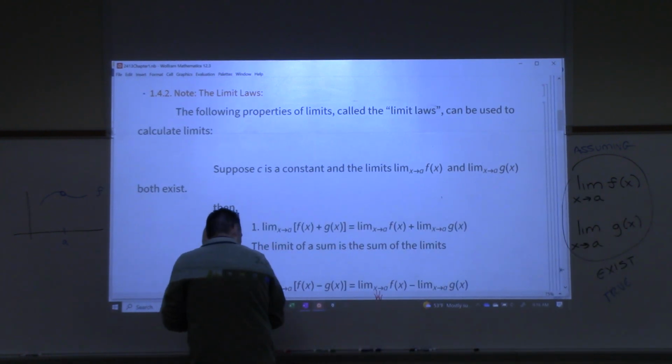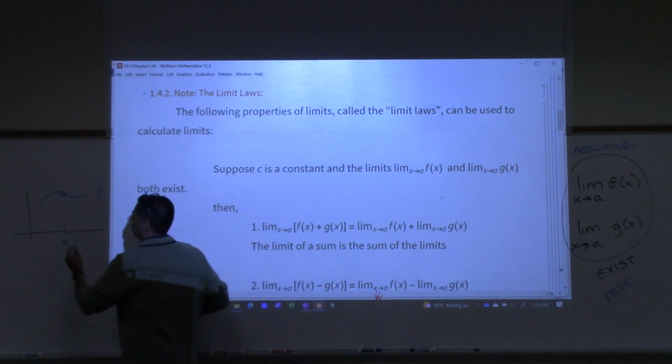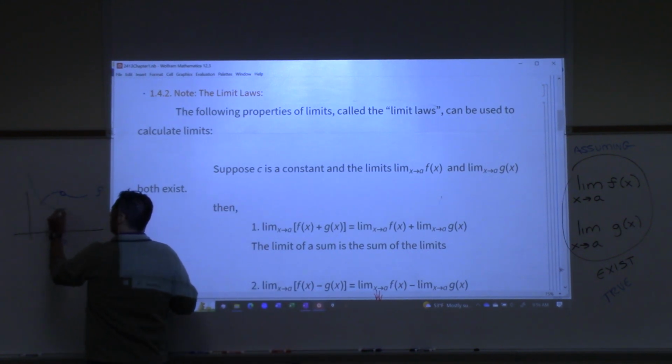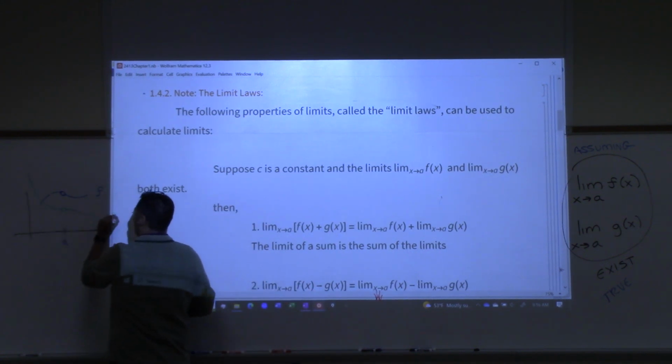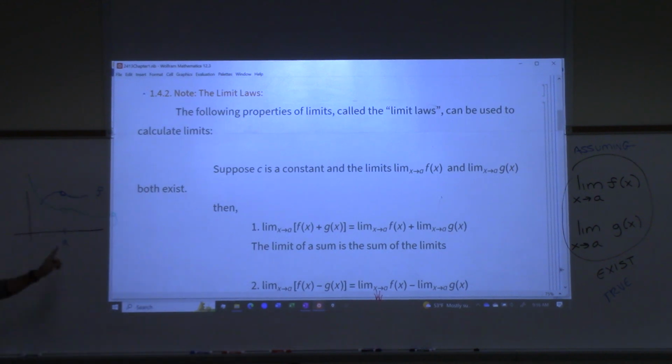Meaning, if I draw g, that's g. Do you all agree that the limit as x approaches a for the function g also exists? It's some number. I don't know what it is, but we get an answer for this one and we get an answer for this one. Yeah?